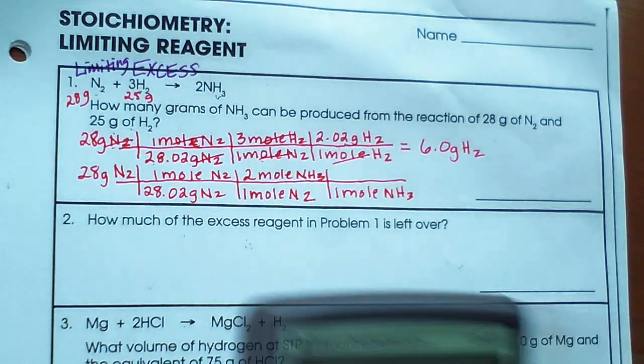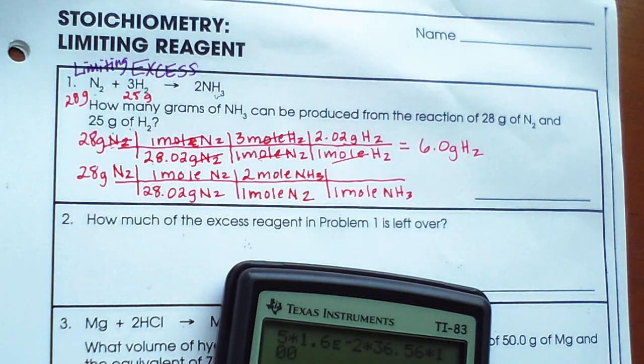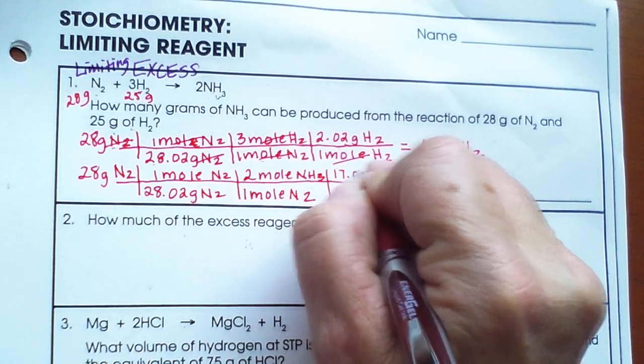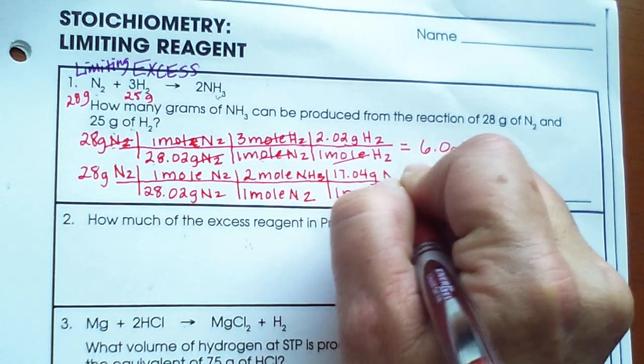And I find my molar mass, 17.04 grams of ammonia.